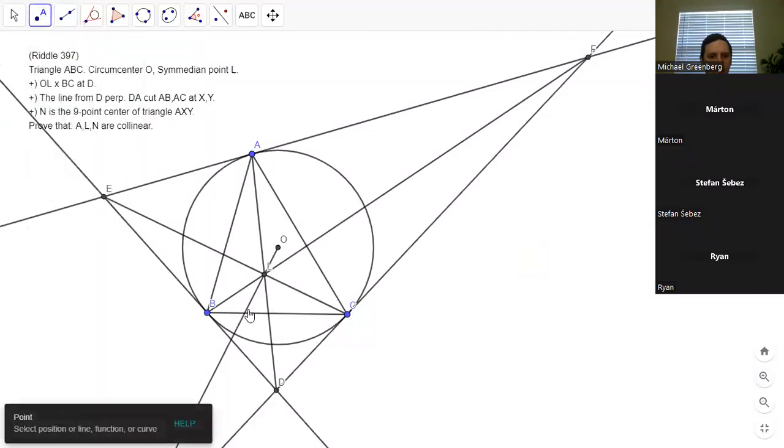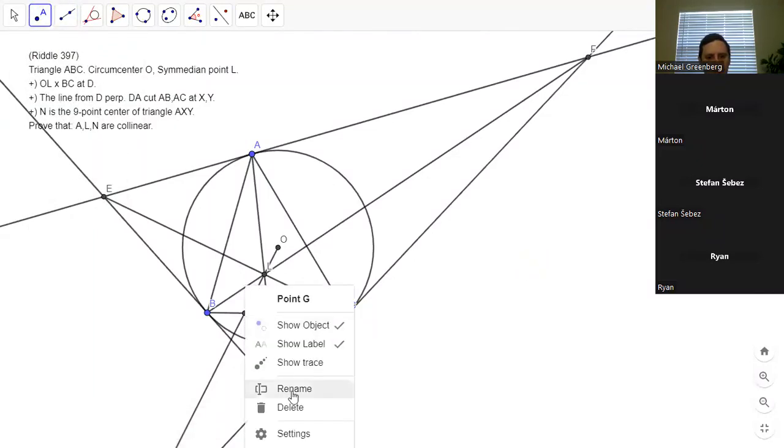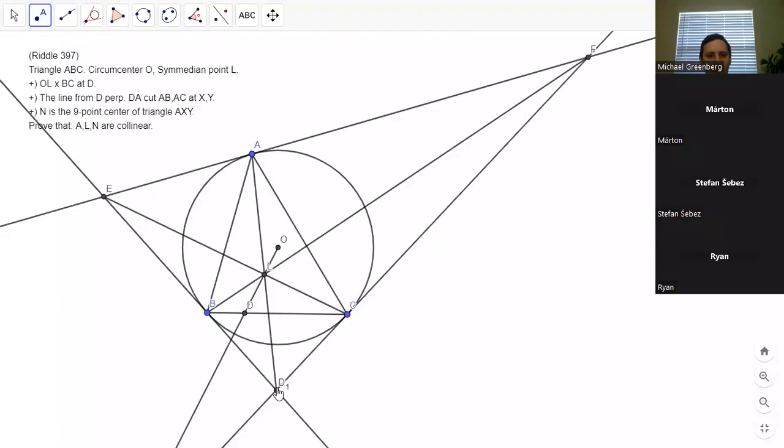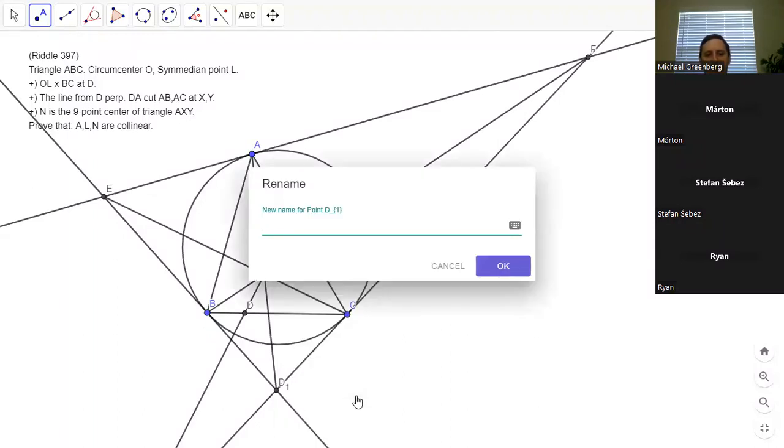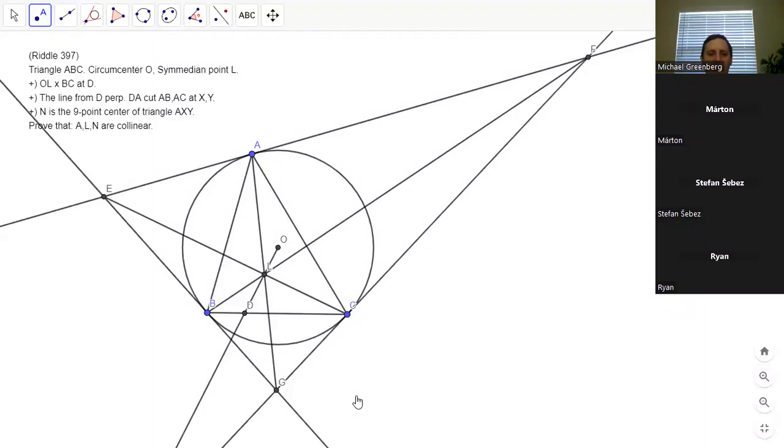So this is point D. I think we did another problem recently with a point on the line OL. So OL, I think it's the radical axis of the three Apollonius circles, right? I think that's what we said on a previous session.